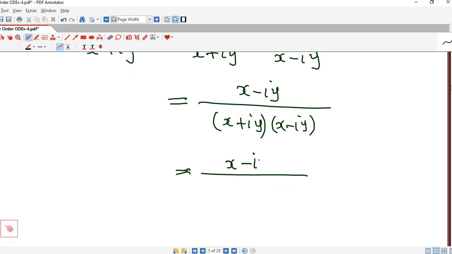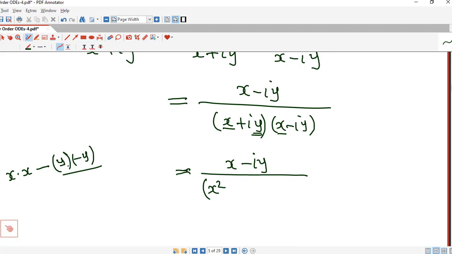Here we have x minus iy: real part into real part, which is x square, imaginary part of first, which is y, into imaginary part of second, which is minus y. So we have y into minus y and a negative sign. So actually we have this type of picture, real into real minus imaginary into imaginary. So here we have minus y square.